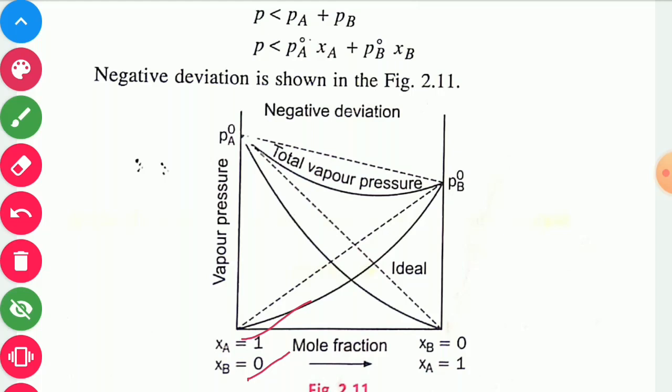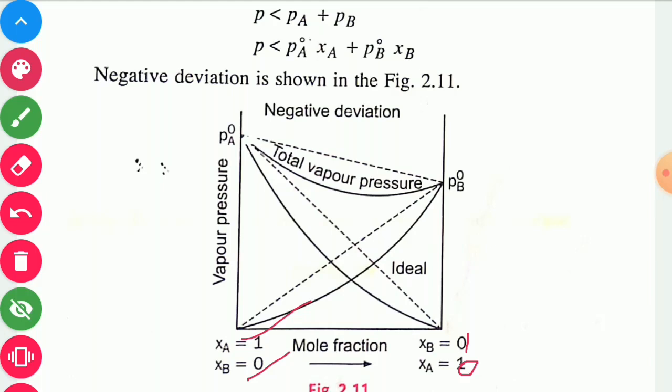When we proceed to the right side, the mole fraction of component A decreases and becomes equal to 0. At the same time, the mole fraction of B increases and becomes equal to 1.